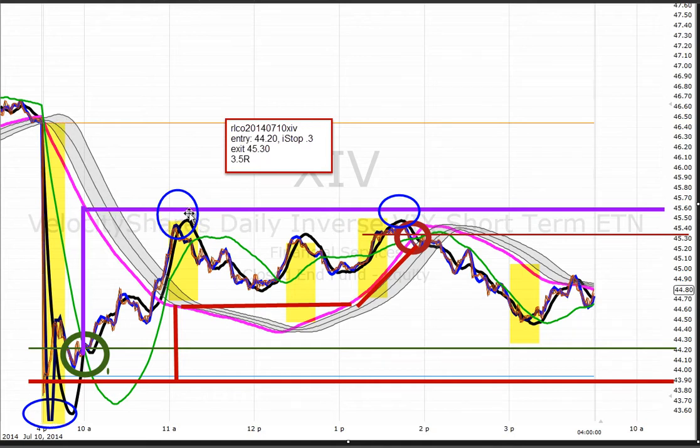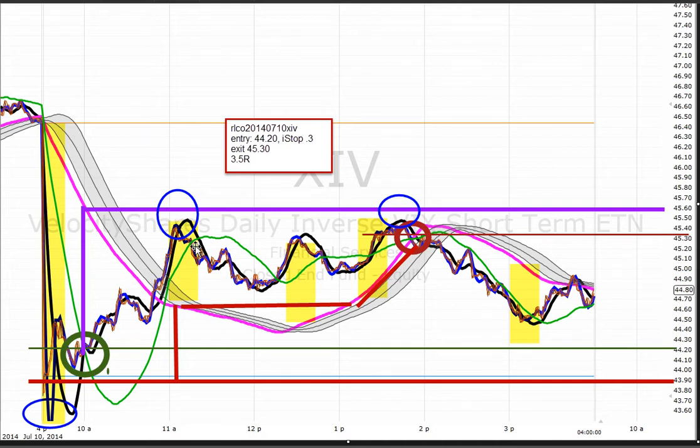So we get these two locations here where it came really close to that. Wouldn't be wrong to have sold anywhere in here. But it crosses the 270 and that noise barrier, which is the 30-period Bollinger Band on the 270.